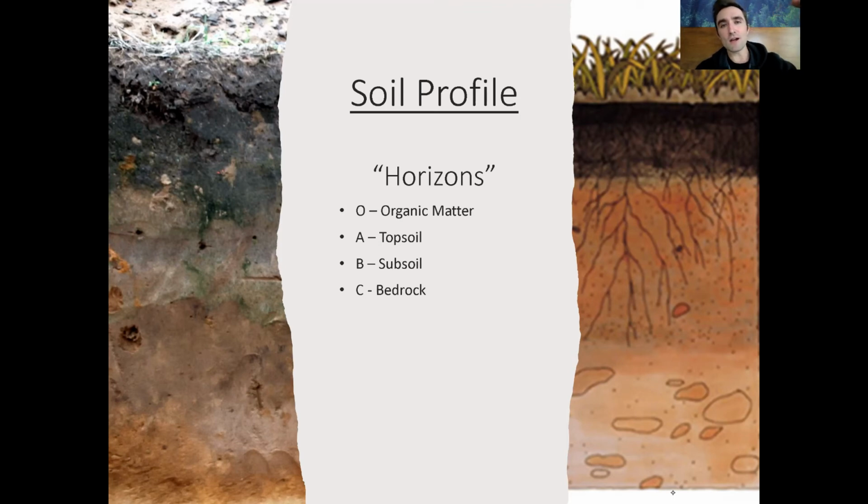So you have the O horizon up on top, rocks, debris, leaves, twigs, roots, and composted material that we typically describe as humus. Then you get down into the first layer of soil called topsoil. That's minerals plus organic matter, perfect for plant roots.